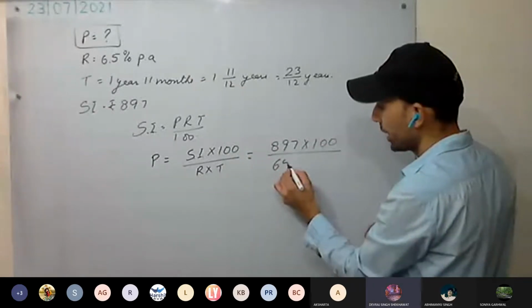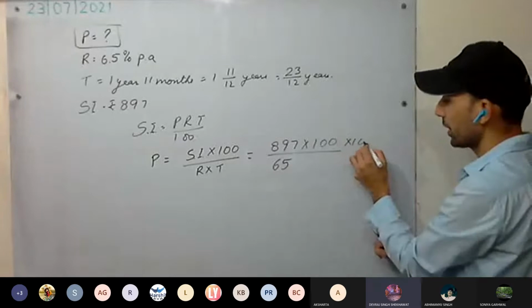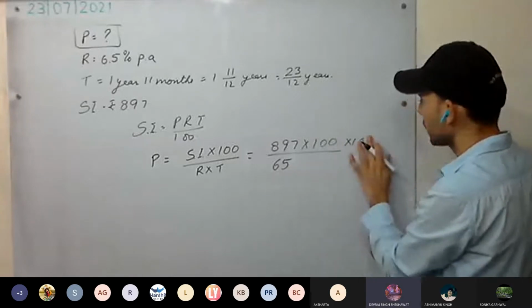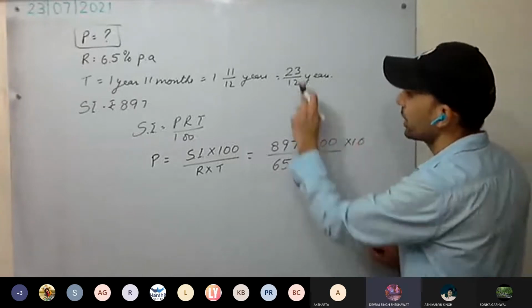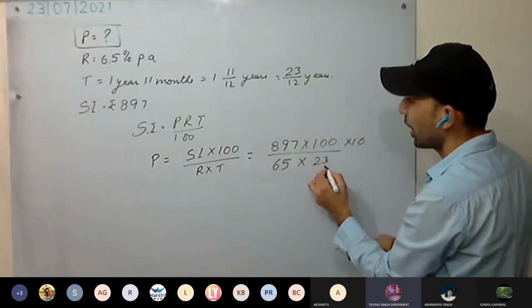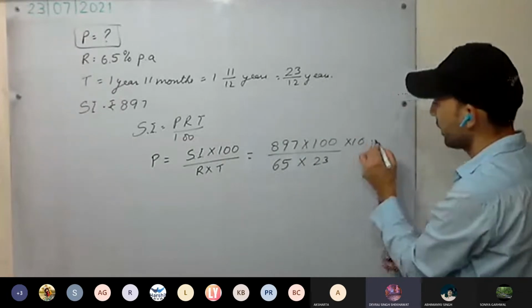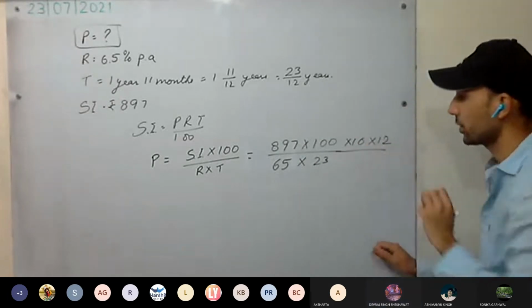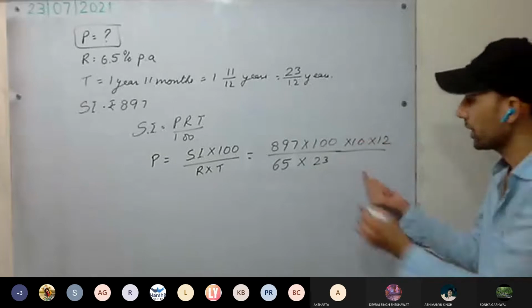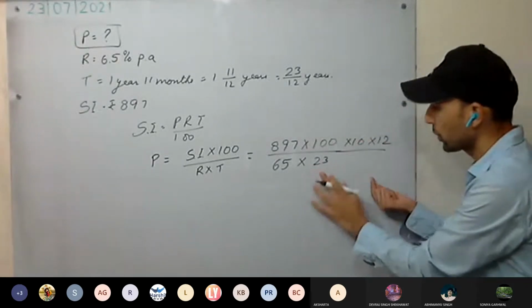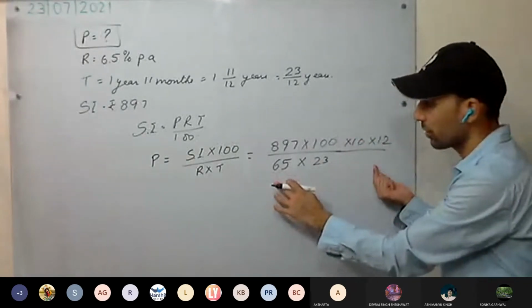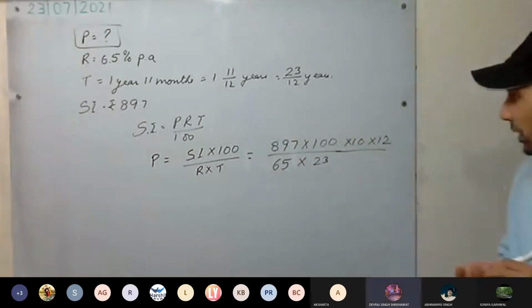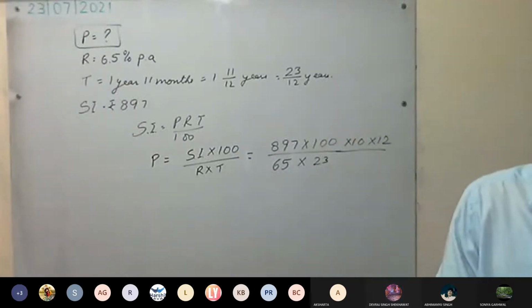R is 6.5%, so we can write 65 upon 10. Time is 23 upon 12. So 12 will go in the numerator. Similarly, 10 will go in the numerator. Check once.